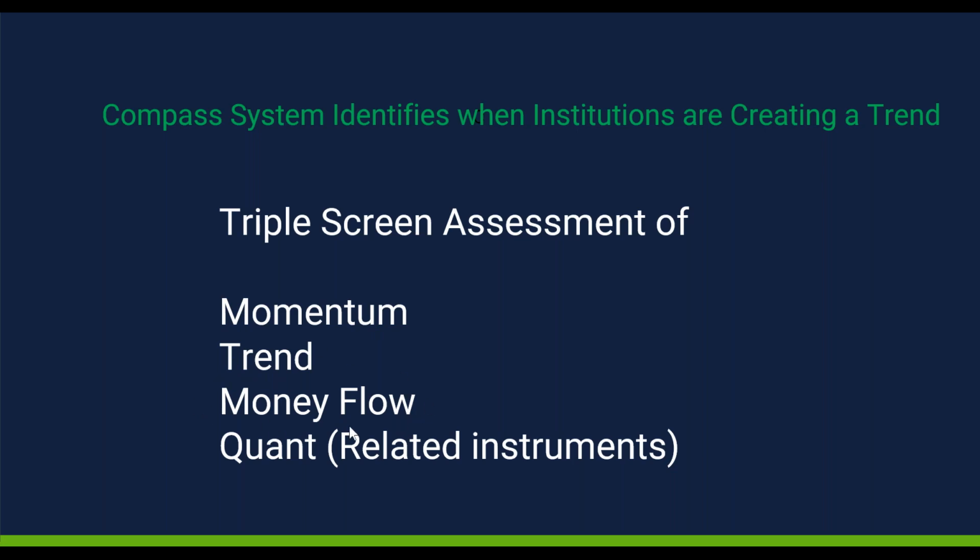And then when you look at the money flow, the third thing, when all three of these are telling you that something is bullish, the institutions are almost always driving it. And then we add one other thing, which is called the quant. These are related instruments. For example, if you have Microsoft as the stock you're taking, the quant looks at other stocks that trade with Microsoft 70% of the time or more.